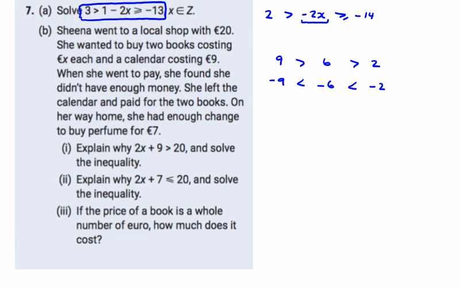We're going to divide by minus 2, and then we're going to have to change the directions of the inequalities. So we get minus 1 less than x less than or equal to 7, since we're dividing by minus 2. And if we're going to graph it, it's integers.